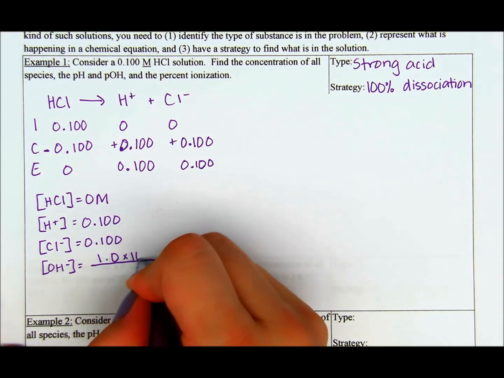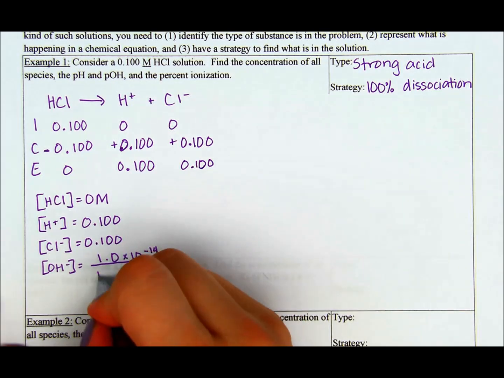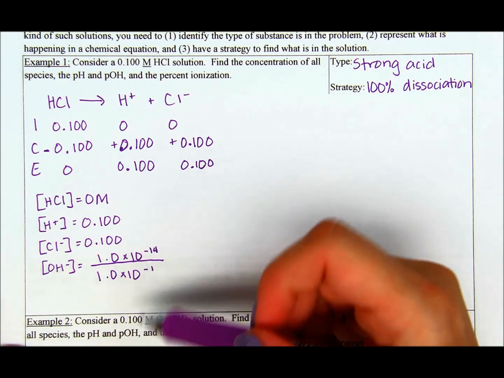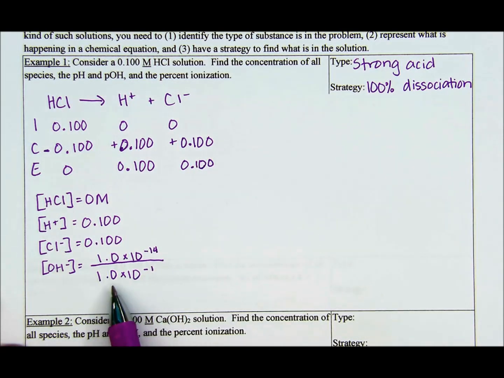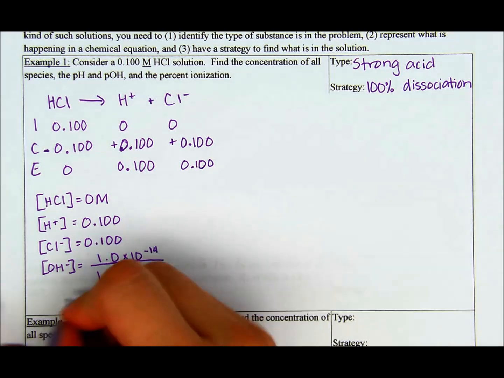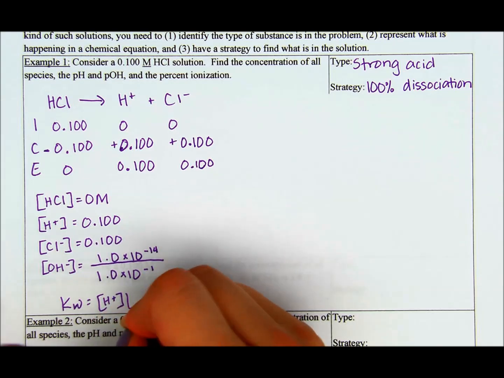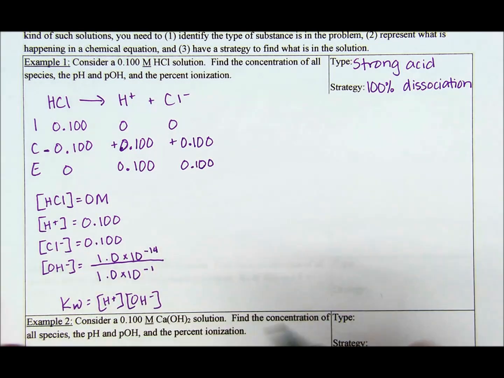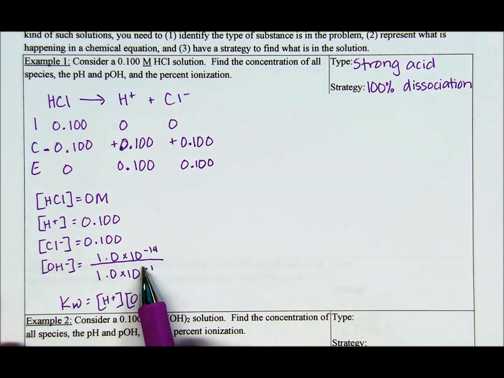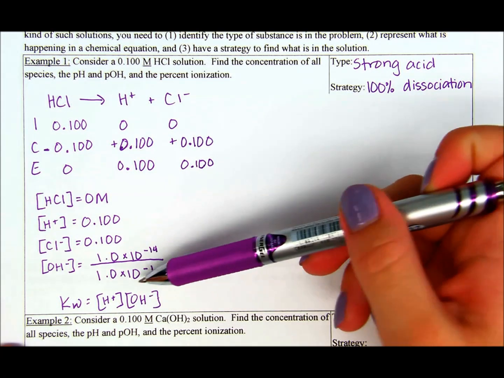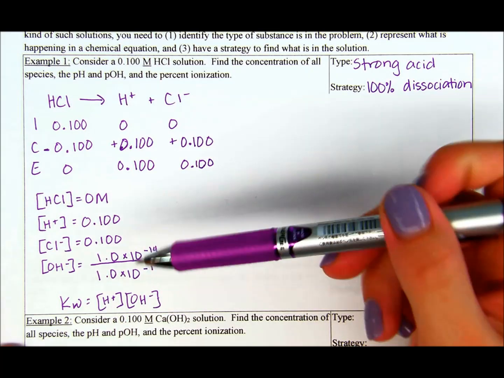1.0 times 10 to the negative 14 over 1.0 times 10 to the negative 1. And that's because this is our Kw. If you remember, Kw equals H plus concentration times OH minus. This is the equation that we rearranged to solve for OH, just dividing both sides by hydrogen, which I did here.